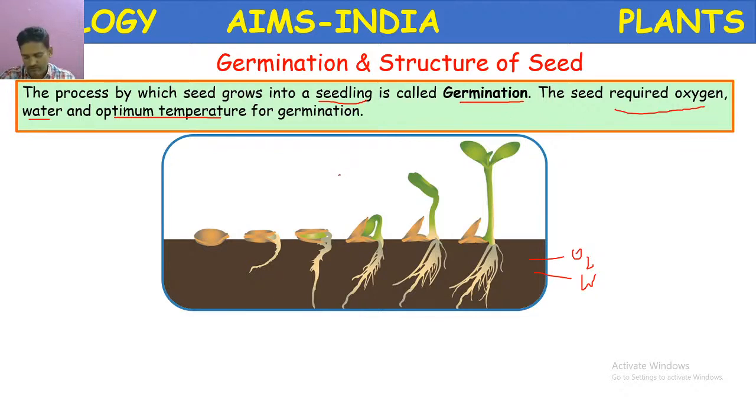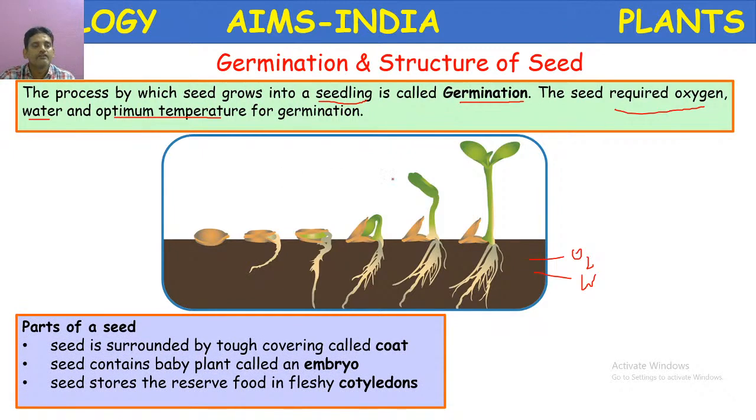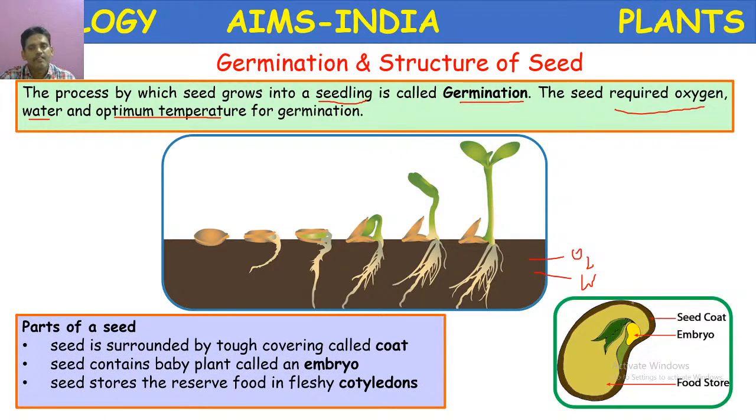Okay, so after germination, let us see the structure of the seed, and then discuss once again how it germinates. Parts of seed: a seed is the product of fertilization.